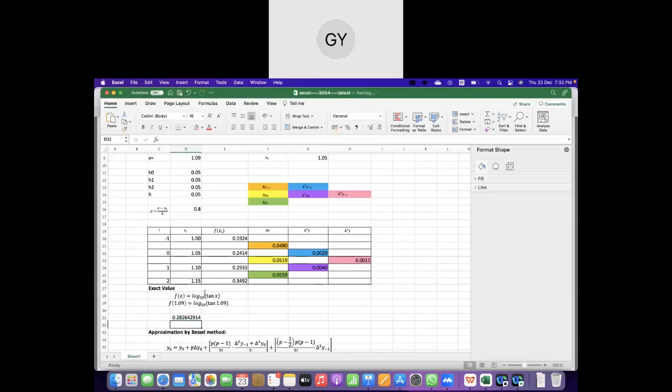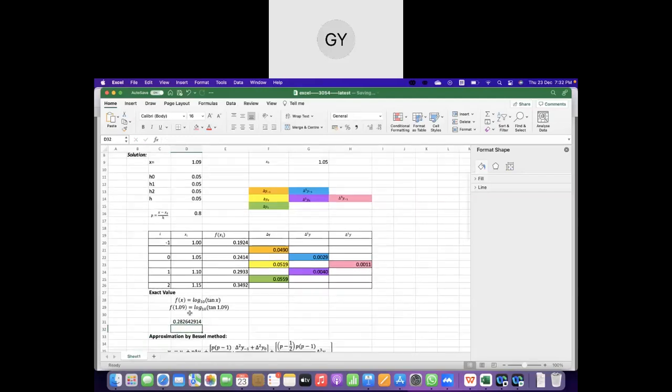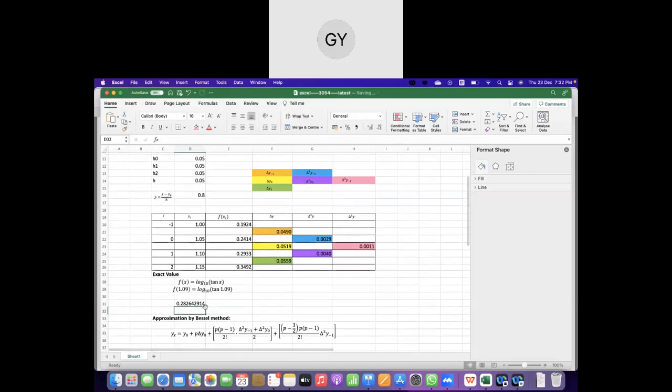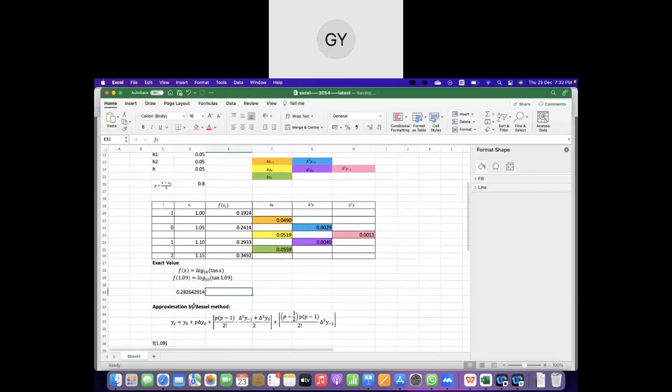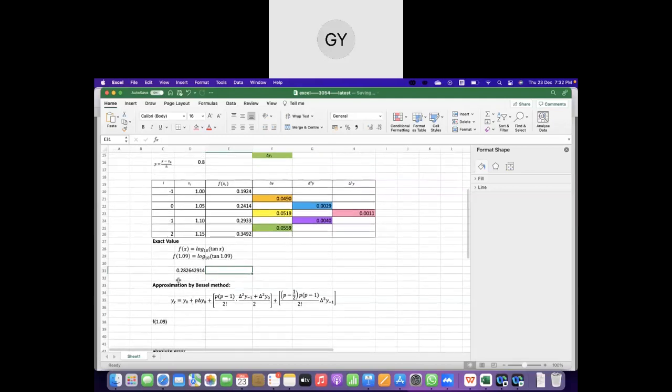Since the question did not require how many digits of rounding in the exact value, I place it at 9-digit rounding. Then we continue to find the approximation by the Bessel method.